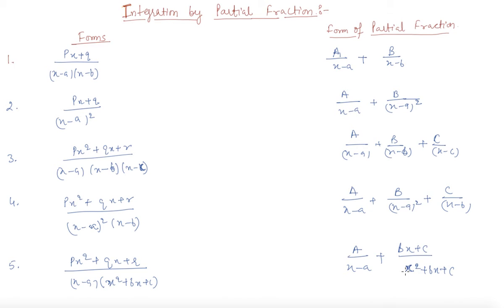Okay students, so these are the different forms of the rational fraction which we need to break into partial fractions. Kindly note down all these forms in your notebook very properly, because you will be using these forms many times. Okay, so now let's discuss some questions based on it.